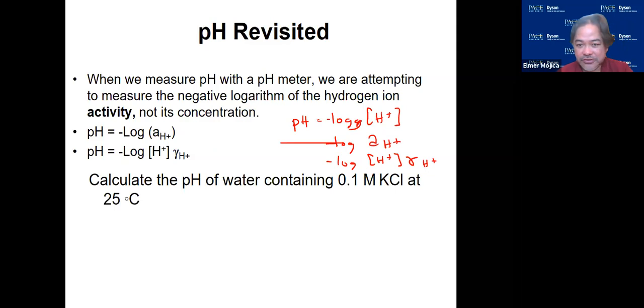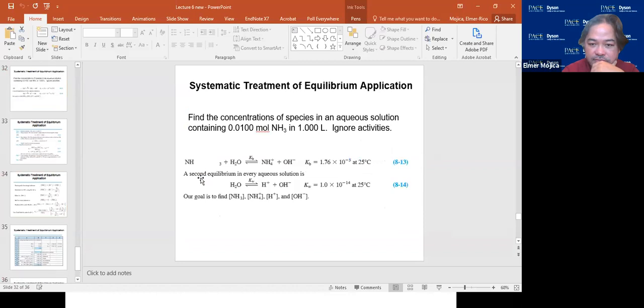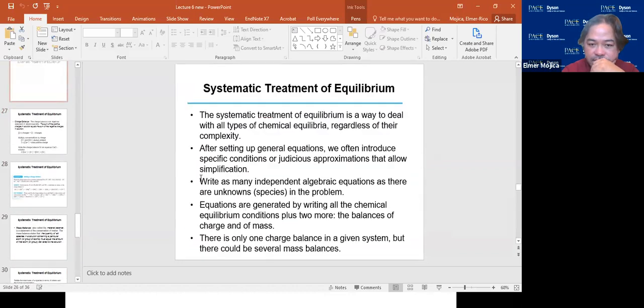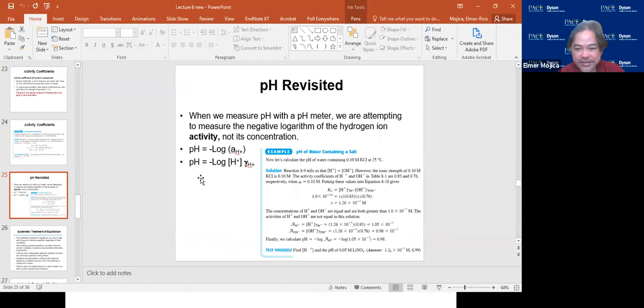So how are we going to solve this? How are we going to use the activity coefficient there? We could do the Kw as a start.